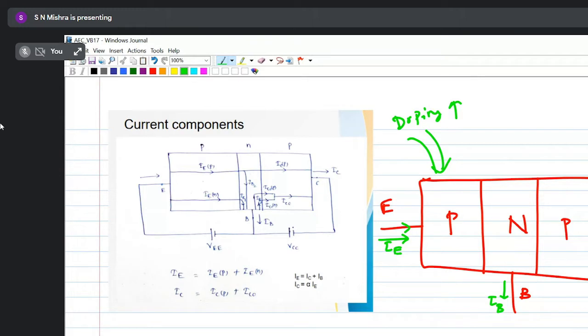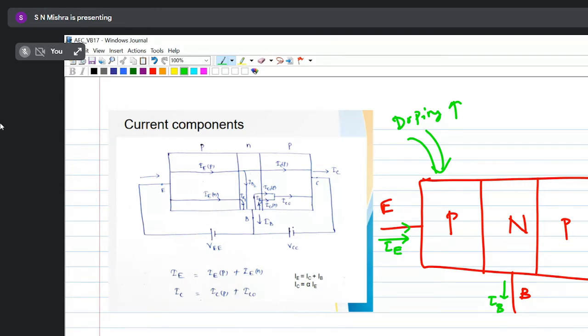Answer. Why are semiconductor materials doped, or what is the use of doping? To increase the conductivity, by increasing the carrier concentration. Yes, sir.